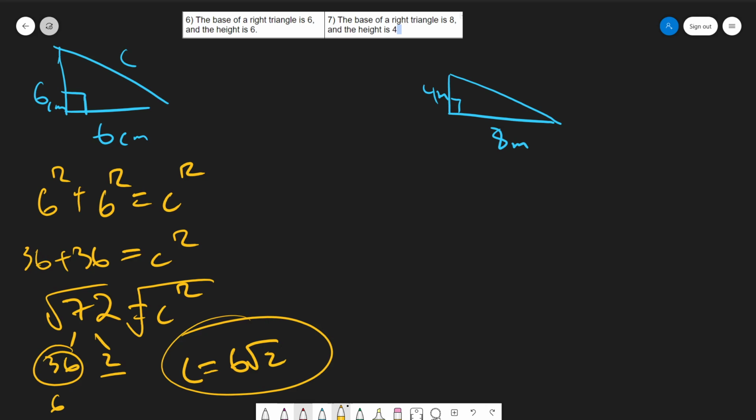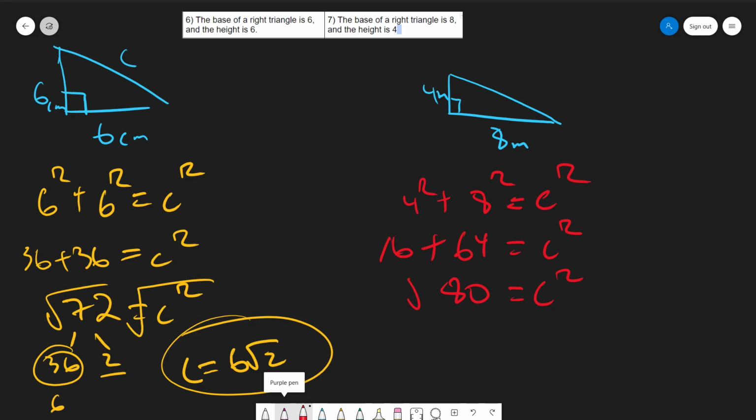Okay, over here we've got our 4 squared plus 8 squared is equal to C squared. So 16 plus 64 equals C squared. Looks like we got an 80 here. So taking the square root of 80, we can get an 8 and 10, 2 and 5, 2 and 4, 2 and 2.